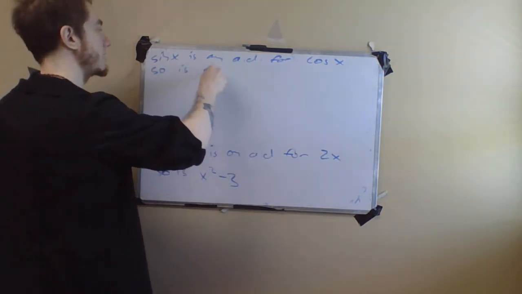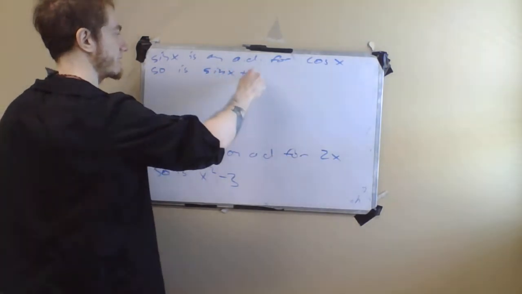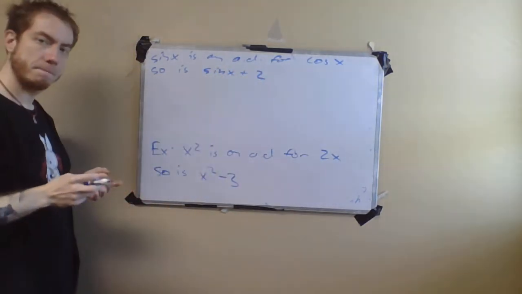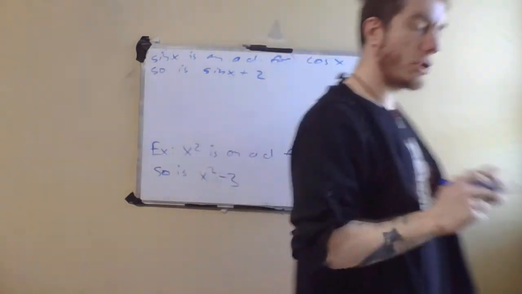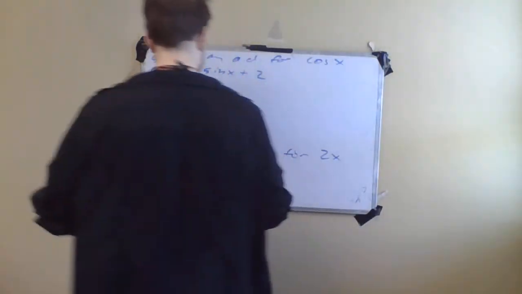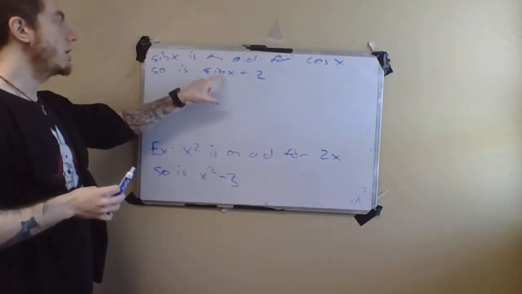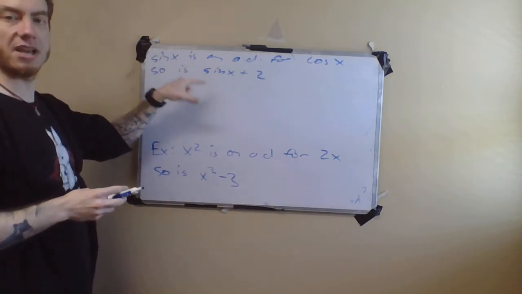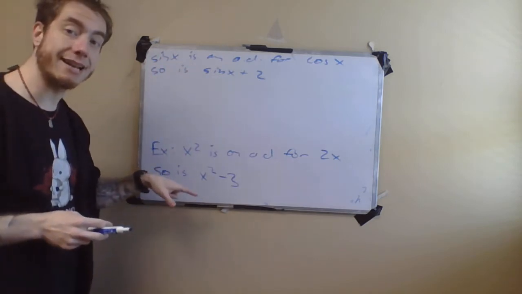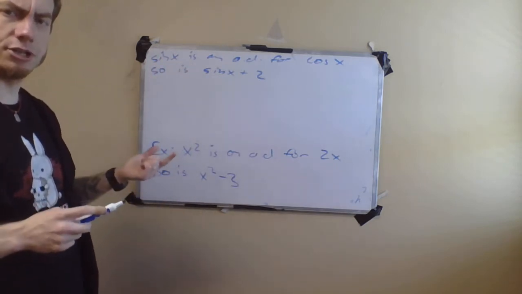So is sine of x plus 2, though. In fact, you will notice there's sort of this pattern here, right? Where I'm giving you an antiderivative and then pointing out, well, I could add a constant to it. Well, that's true in general, right?